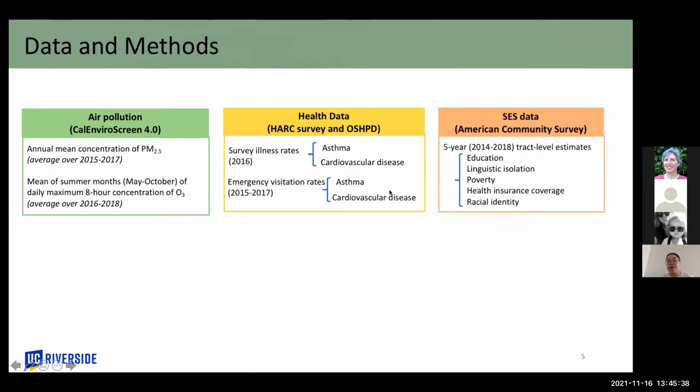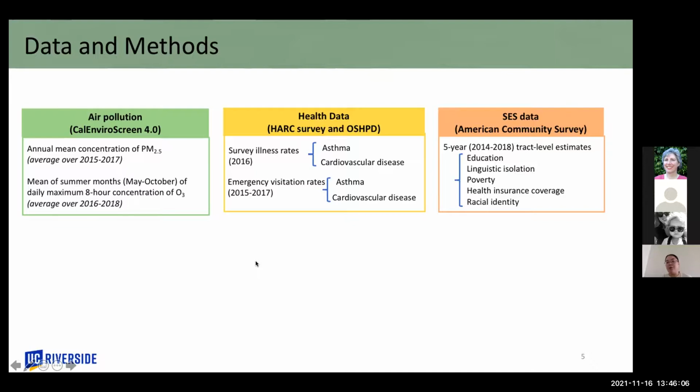And lastly, we have our socioeconomic status data. For the socioeconomic status data at the census tract level, we use the 5-year American Community Survey data. And for the socioeconomic data at the individual level, we use the indicators directly from the HARC survey data.